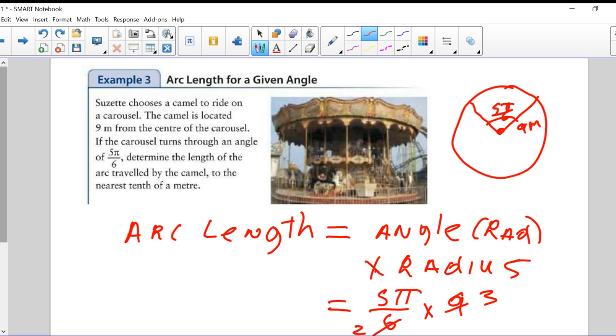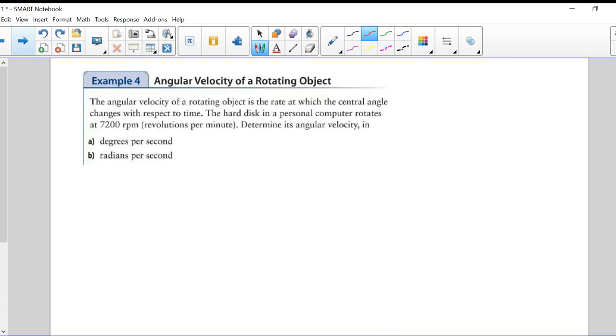All right, one more thing we have to do with this, and that's something called angular velocity. Let me explain what that is. You may have done this in physics before. As something revolves, if you think of a hard drive, those of you who are into computers, not the more modern SSD drives, but the older hard drives, they rotate, right?